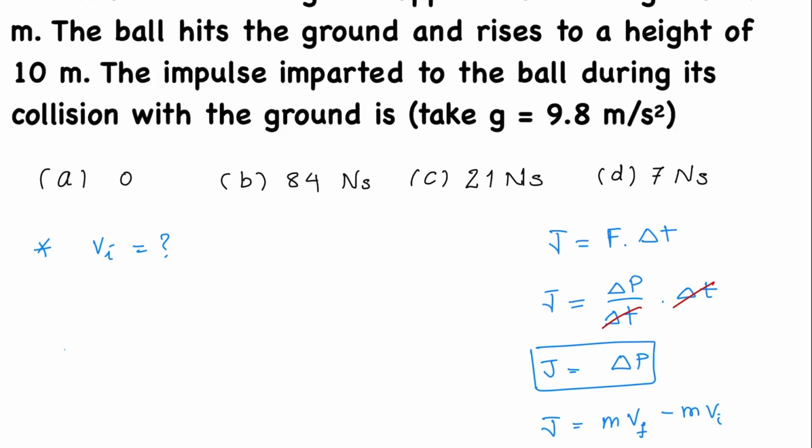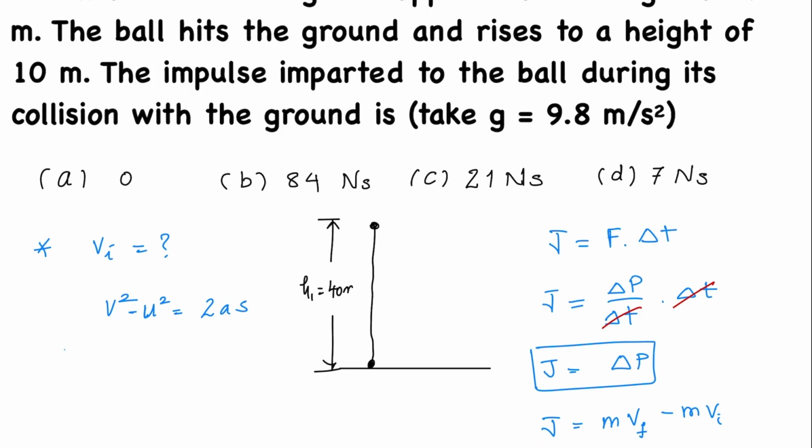So I use v square minus u square is equal to 2as. This is the equation of motion, where you have an object that is falling from a height h, or h1 in this case, which is equal to 40 meters.